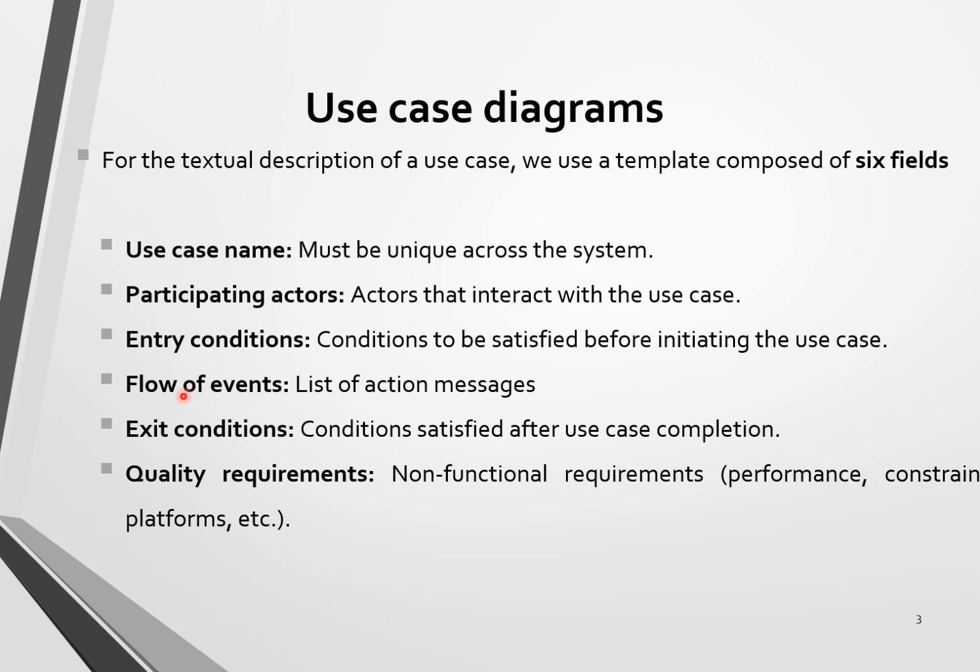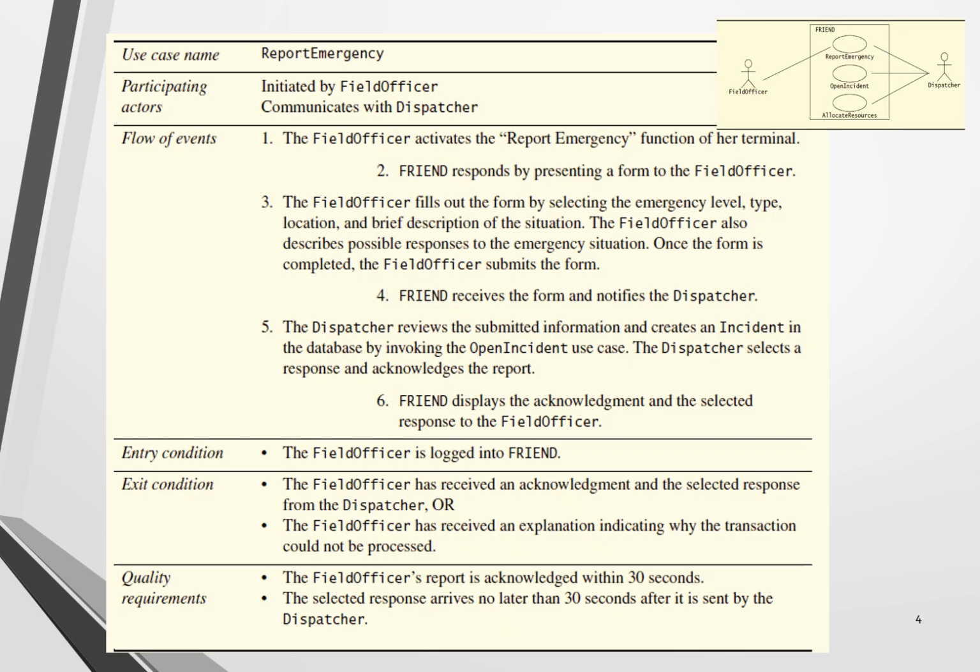Then what kind of messages are exchanged or communicated between the actors and use cases, and the exit conditions in order to close the application. And finally, the quality requirements, which are related to the non-functional requirements in terms of performance and constraints, or on which platforms the application is suitable and how fast we are getting the response from the application.